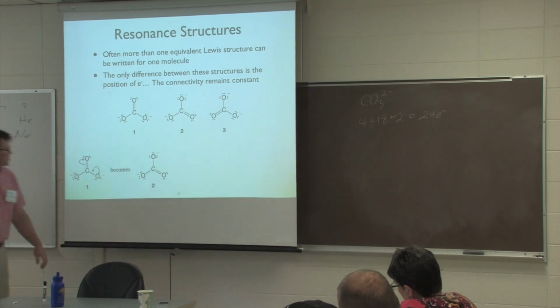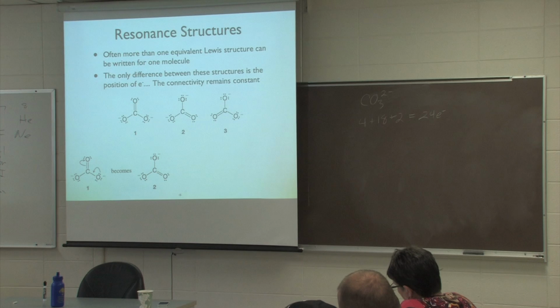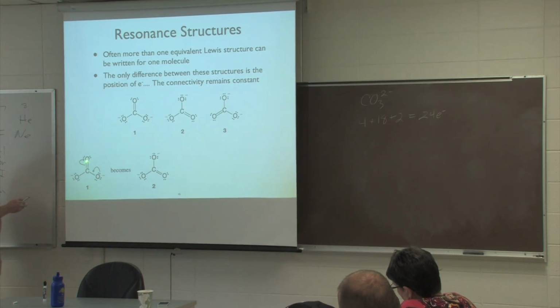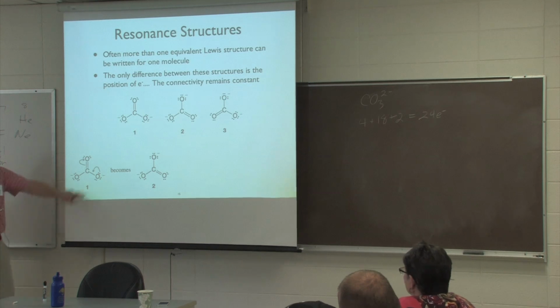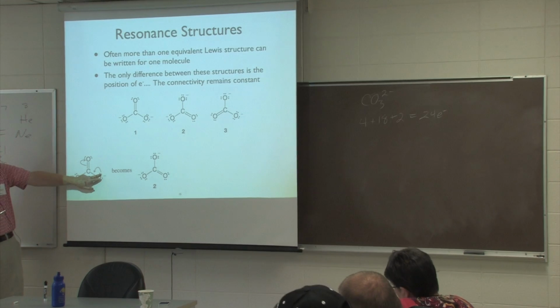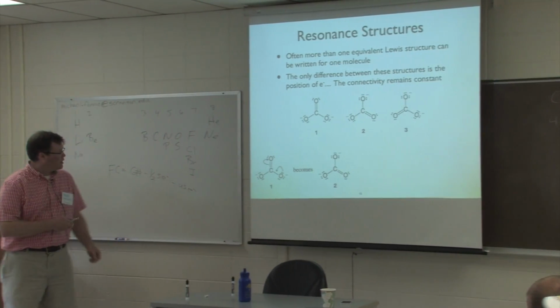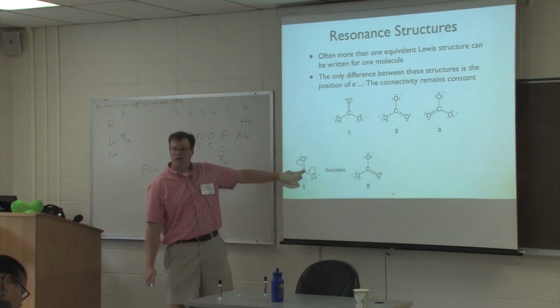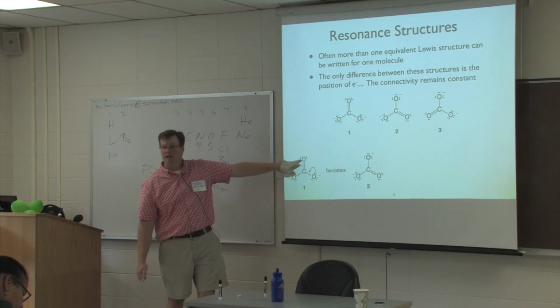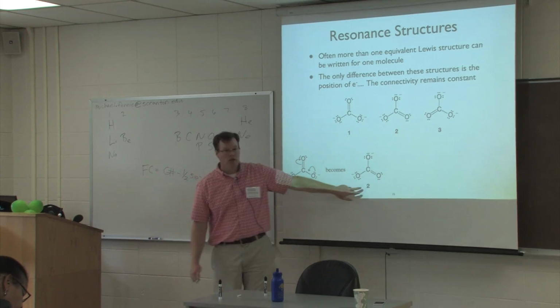The way that we interconvert between these structures is, again, only moving these non-bonding electrons and electrons in the double bond. So again, I'm using these arrows to indicate the movement of electrons. So 2 of these electrons will move into the space between the carbon and the oxygen. Carbon already has an octet here, right? So I need to displace electrons when I do that. That would interconvert 1 to 2.